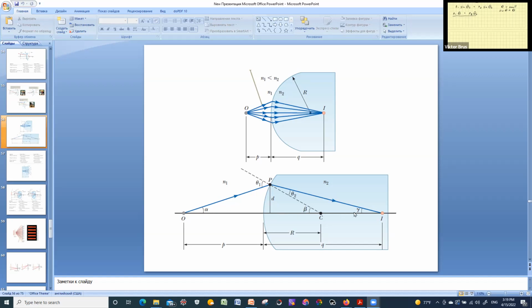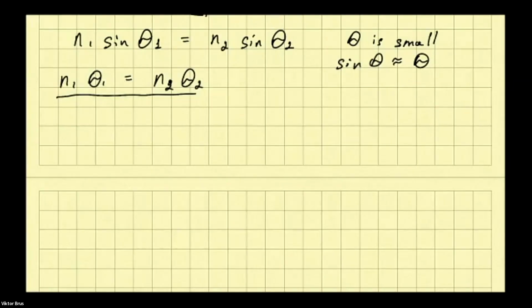So how do we express theta 1 and theta 2 in terms of alpha, beta, and gamma? We need to remember that the magnitude of an exterior angle of a triangle is equal to the sum of the two opposite interior angles. Following this relationship, we can write such equations.